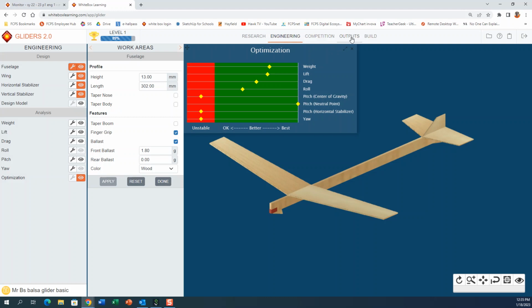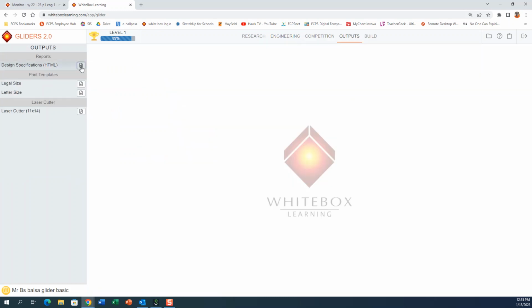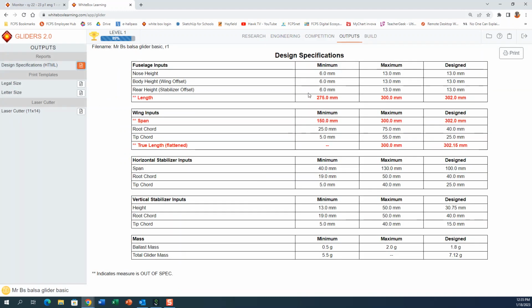Also, let's look at our outputs right now and ask, are we in spec? No, we're not. We're not way out of spec, but we're talking about the fuselage right now. Right at the top, it tells us our fuselage is a little bit too long. We're at 302, the max can be 300.